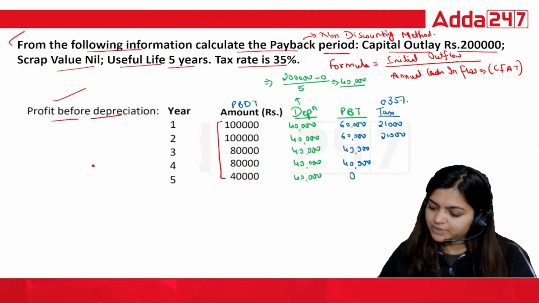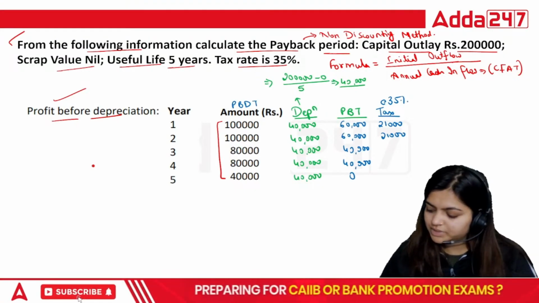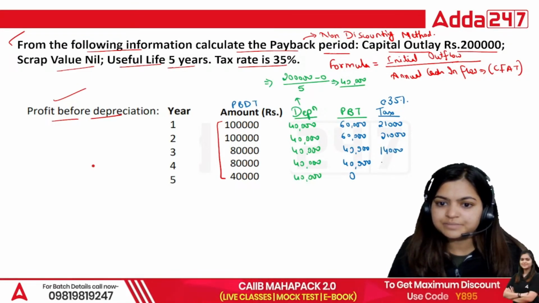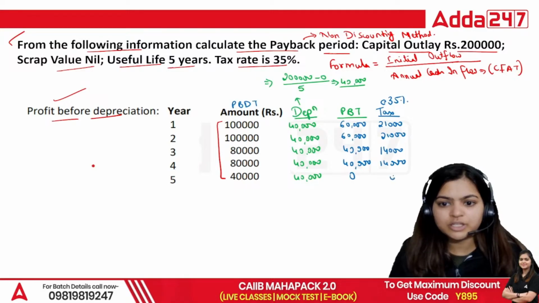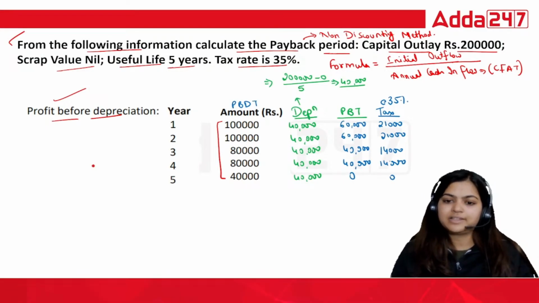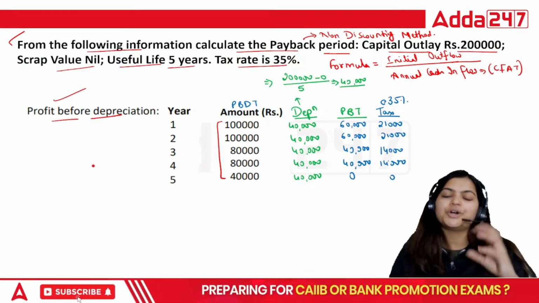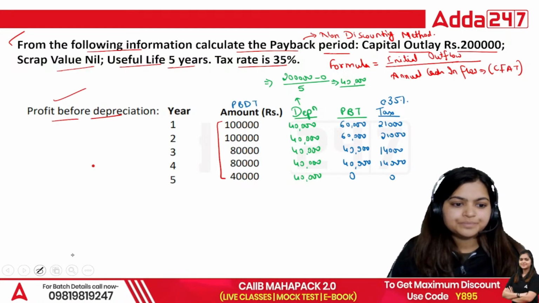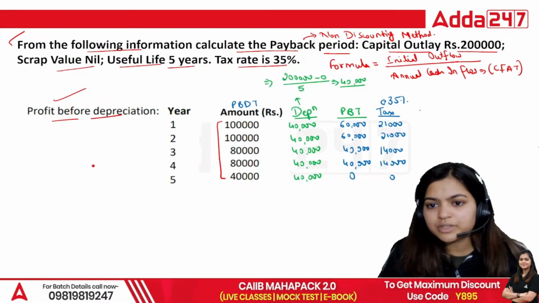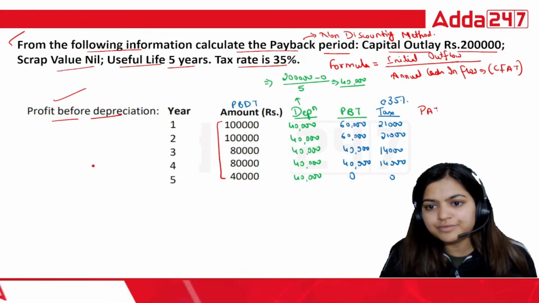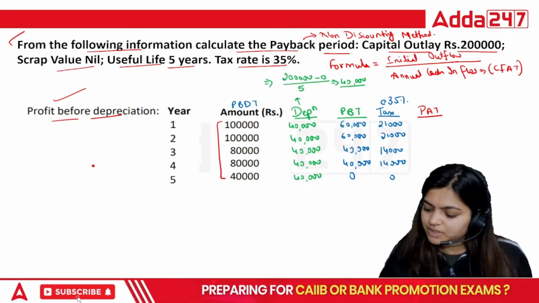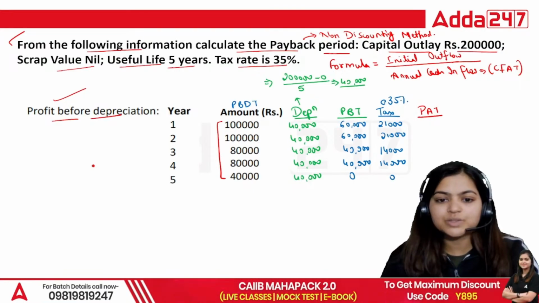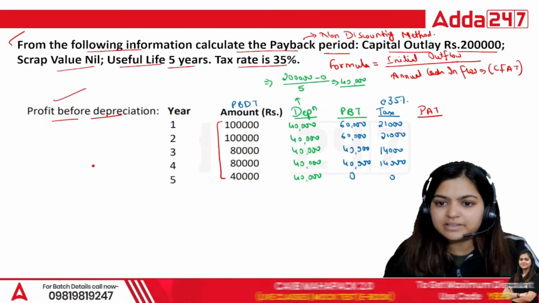Then 40,000 into 35%, which is going to be 14,000, and no tax for your last year. Yes, you pay tax on your profit. So till here we have calculated your tax amount. Now let's calculate profit after tax. So 60,000 minus 21,000 is going to be 39,000.